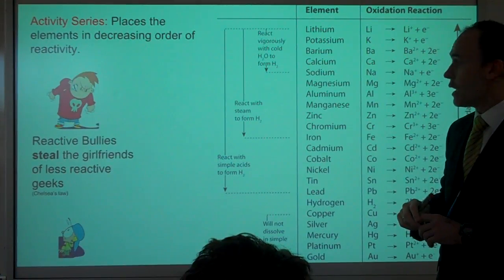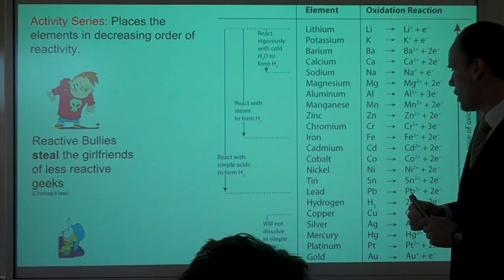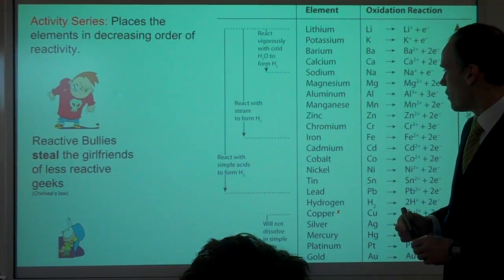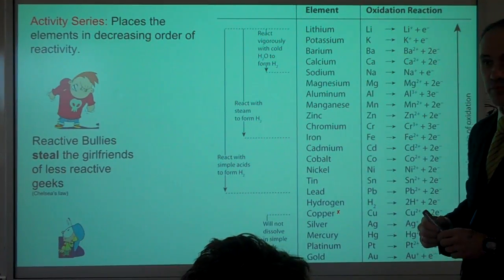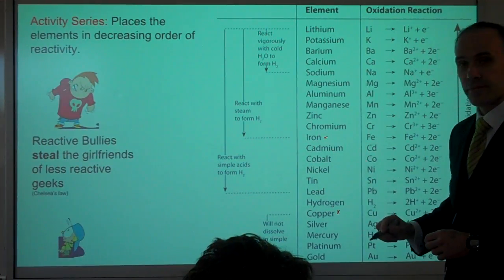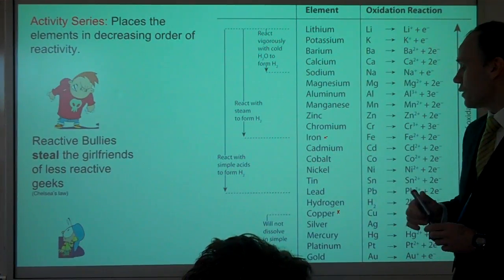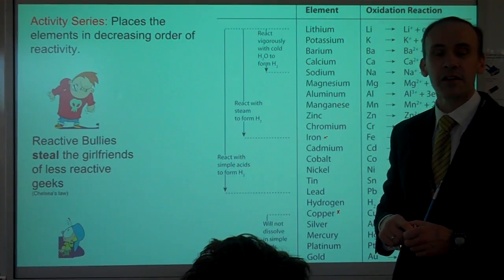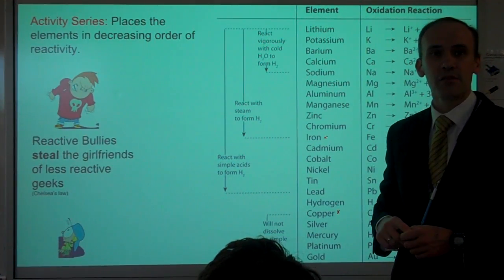So where is copper here? Here's copper. Where is iron? Here. Which metal is more reactive? Put up your right hand if you think iron. Put up your left hand if you think copper.